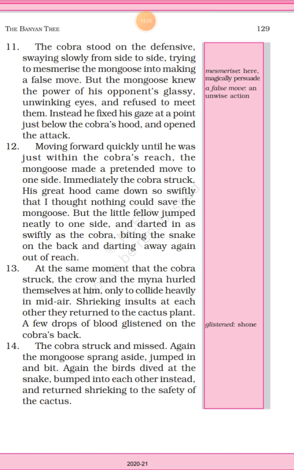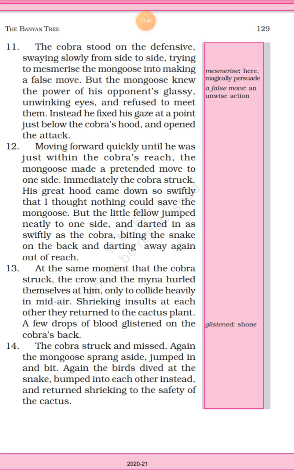But the mongoose knew the power of opponent's glassy, unwinking eyes and refused to meet them. Instead, he fixed his gaze at a point just below the cobra's hood and opened the attack.